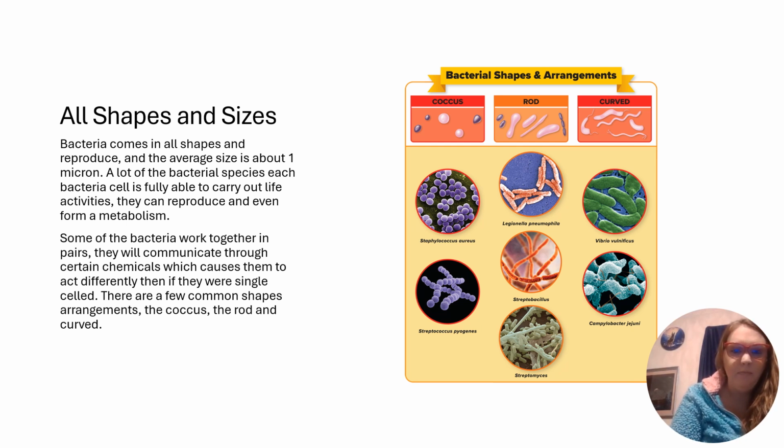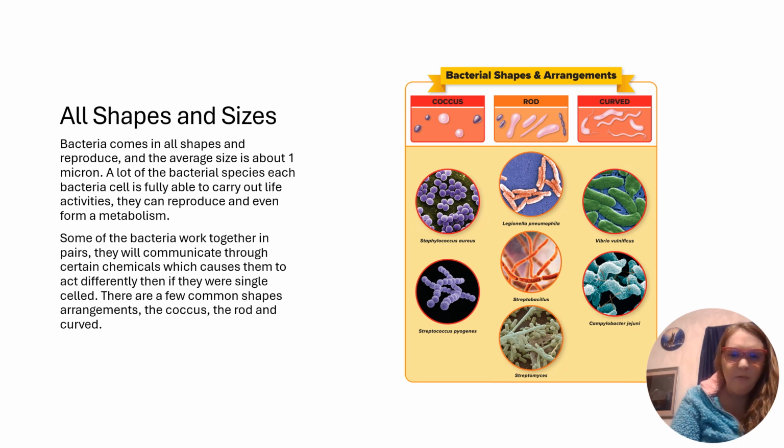They can even reproduce and form a metabolism. Some of the bacteria will work together in pairs or groups, and they will communicate through a certain chemical. And then that causes them to act differently than if they were single-celled.